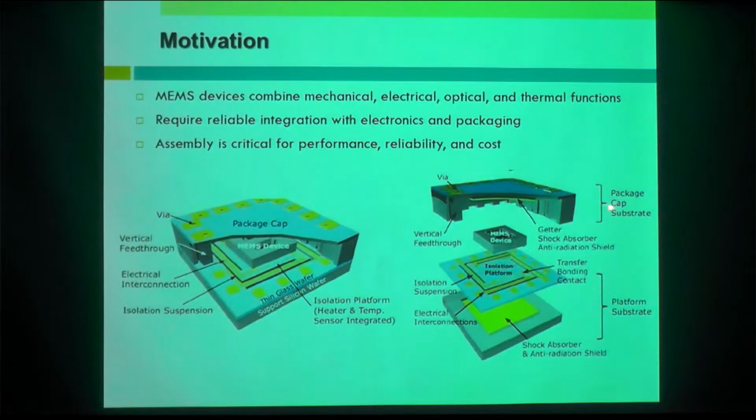There is the package substrate to cover, and it might be a hermetic package, which is airtight, etc. That is part of the design that you have to consider when you try to have integration and packaging of the MEMS devices.